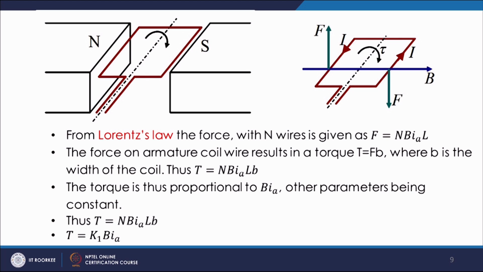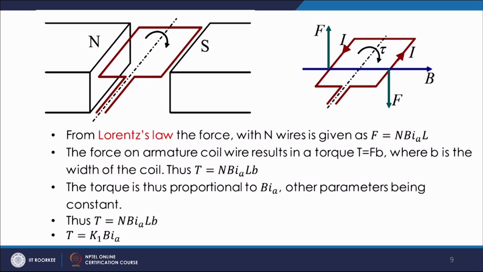Because here you can see that this force and this force are opposite in direction, and the length between them is b, so they are going to turn your conductor. So that torque is F into b, where b is the width of the coil. And thus this torque becomes N B I A L into b.